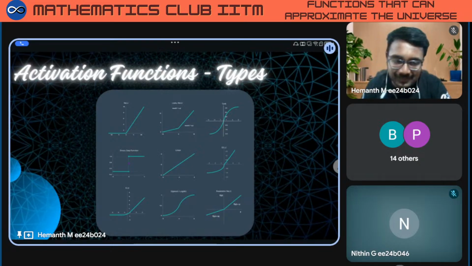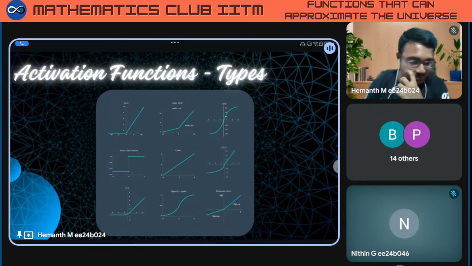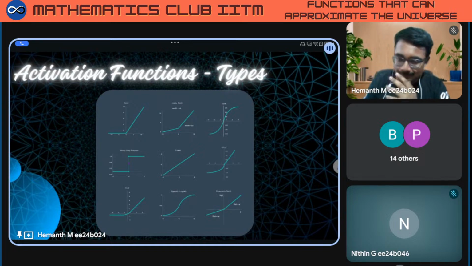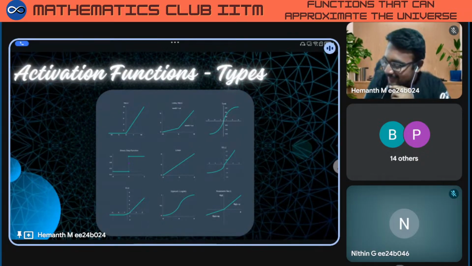This middle one, linear, is one that we mostly don't use, because using it is equivalent to not using anything. We saw the problems of using a linear activation function or no activation function: the whole network becomes a linear map and there's no point of depth. That is why this is mostly not used.